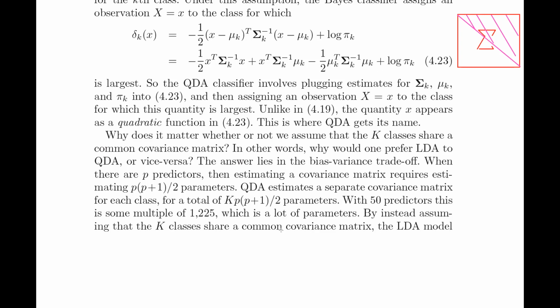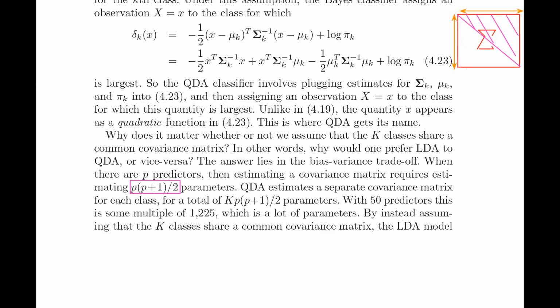It's not p squared divided by 2, because you also need to allow for the numbers on the leading diagonal. So for your sigma, you need these p times p plus 1 divided by 2 parameters.